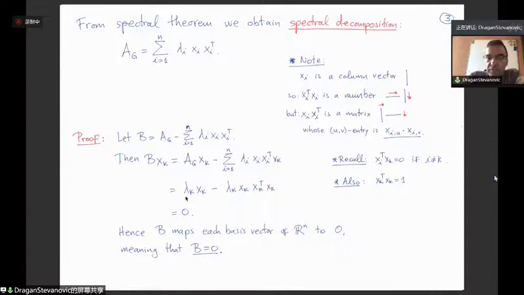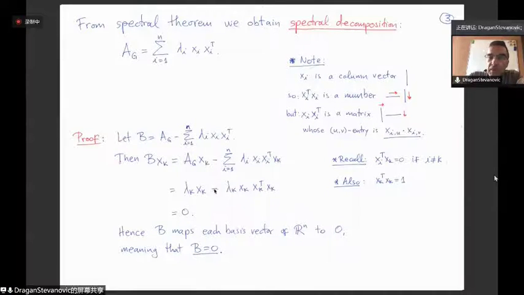Well, xk is an eigenvector, so it translates to lambda k times xk. And over here, xk multiplies each of these summands. Now, here is where we use orthonormality. If i and k are different, then their scalar product is equal to 0, and that summand vanishes. So out of all these summands, only the one where i is equal to k survives.